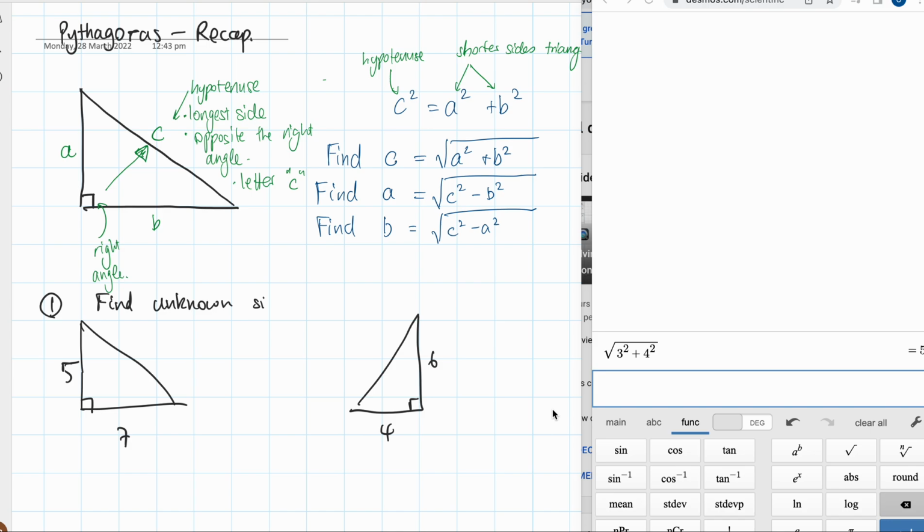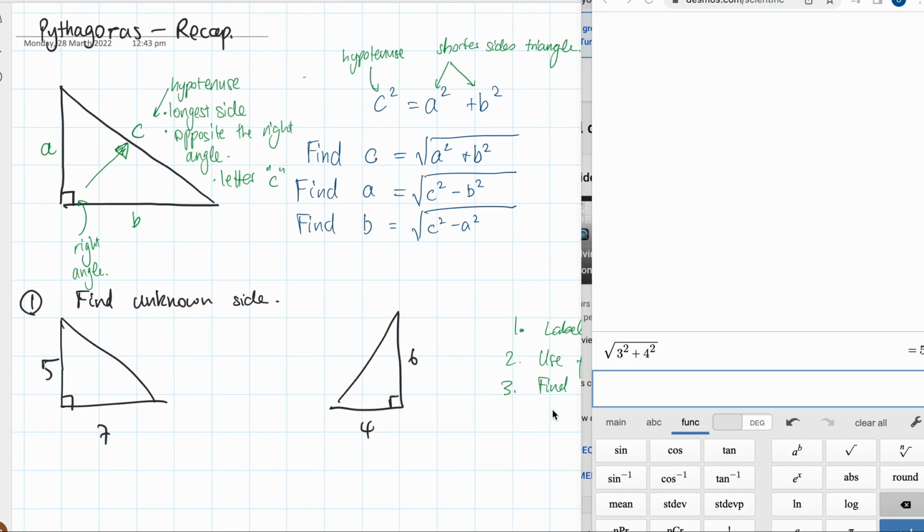And it works like this. First step, you want to label your triangle. Second step, you want to use the formula. Third step, you want to find the unknown.